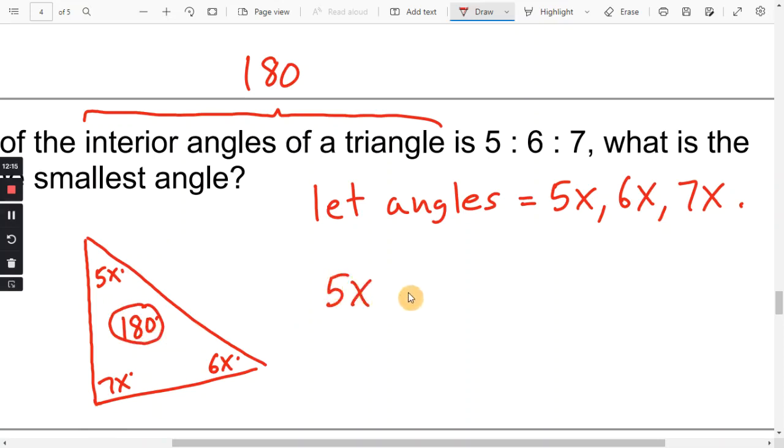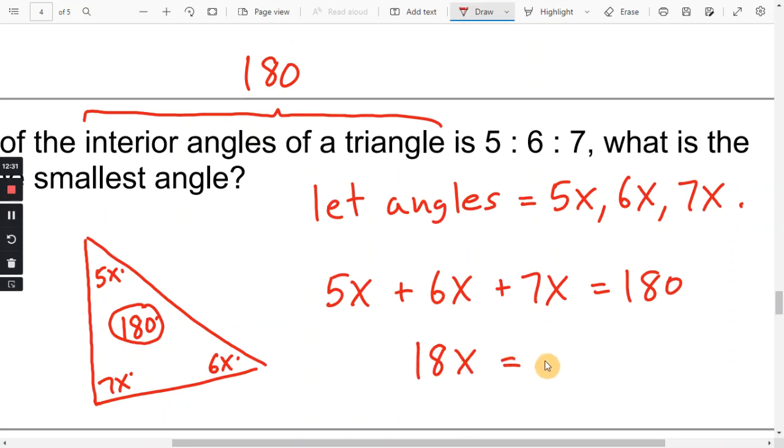Okay, 5x plus 6x plus 7x equals 180. 5 plus 6 is 11, plus 7 is 18. You still have the x, and that equals 180. And then dividing both sides by 18. It cancels here, and x equals 10.